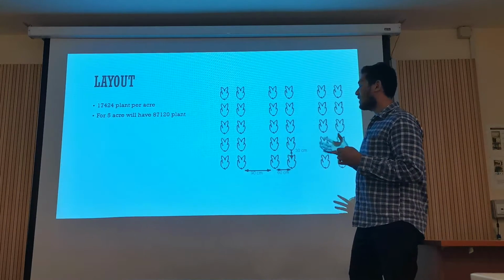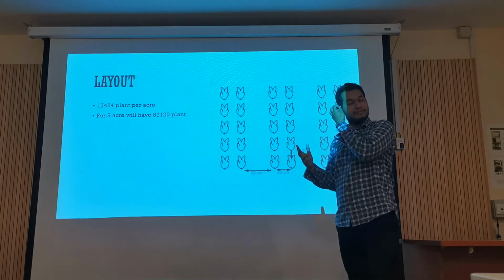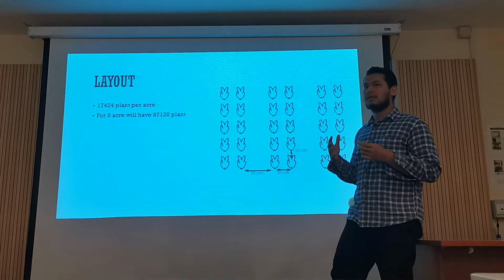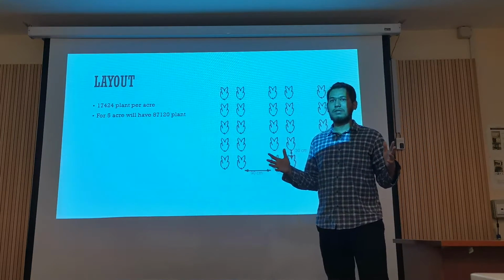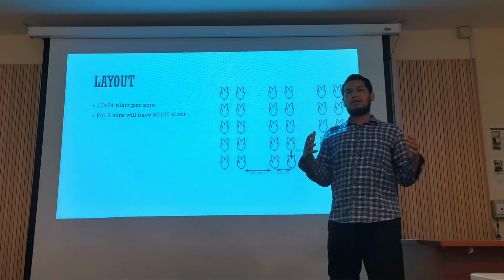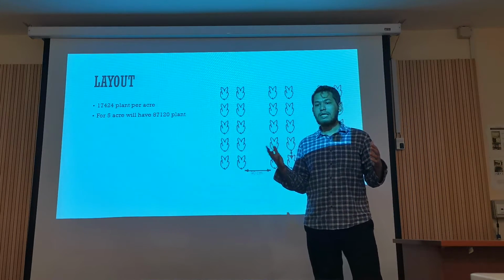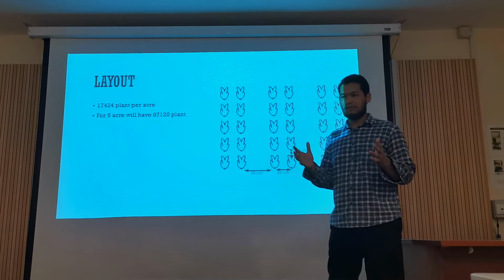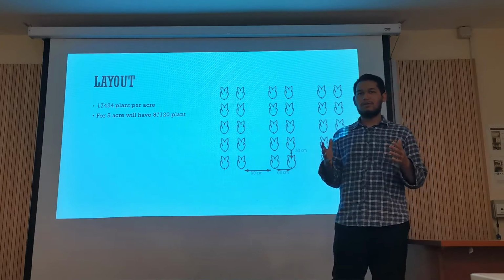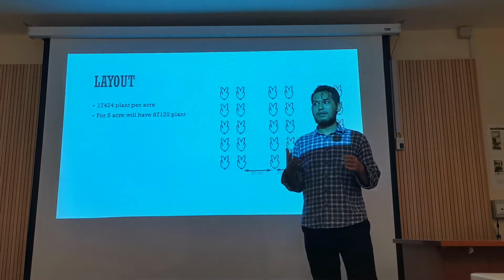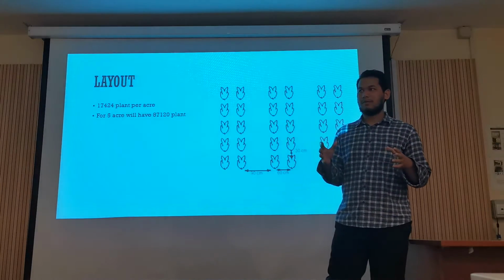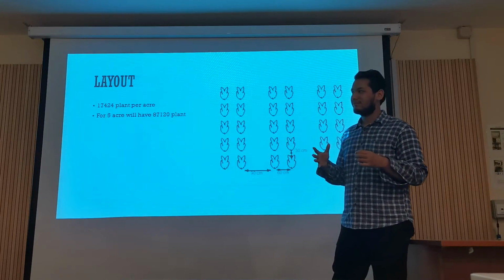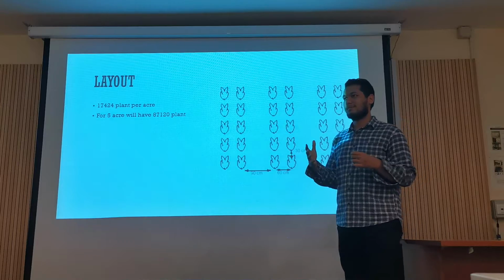There are other types, which are low production and medium production. For low production, the distance will be longer, which makes fewer plants per acre. For medium, it is in the middle between high and low. The plant distance is medium, which means not so many plants, not so few plants.